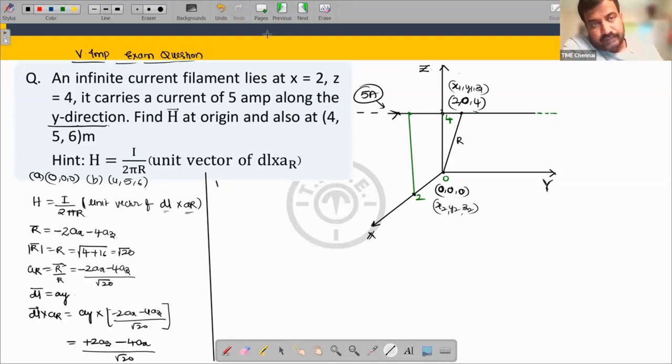Substituting for h, h is equal to I by 2 pi r, unit vector of dl cross aR, which is 2az minus 4ax by root 20. I is 5 amp by 2 pi. R is under root 20.